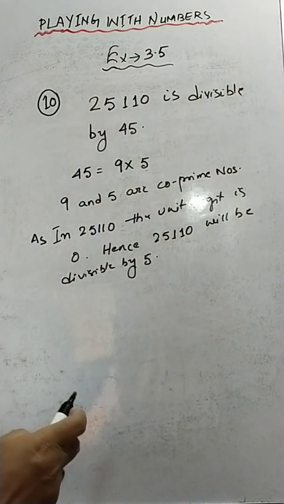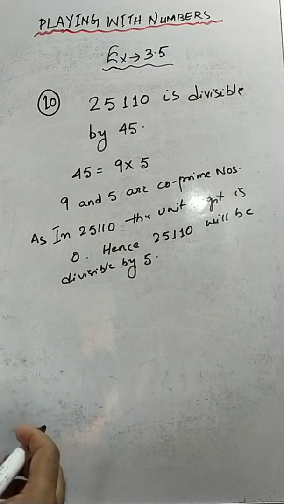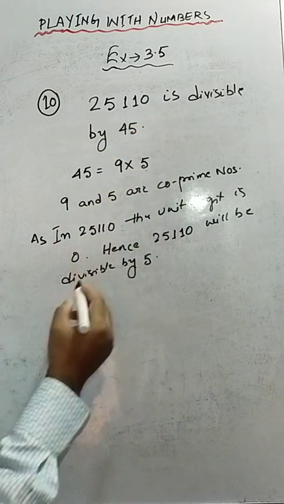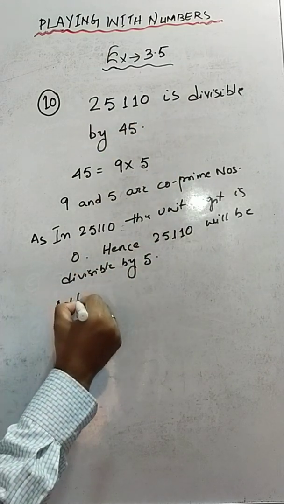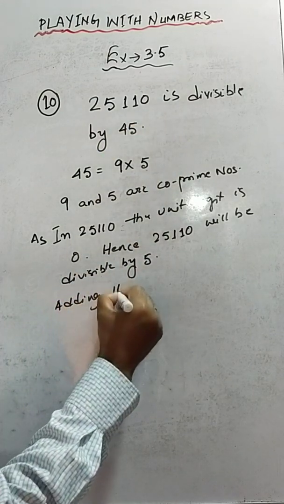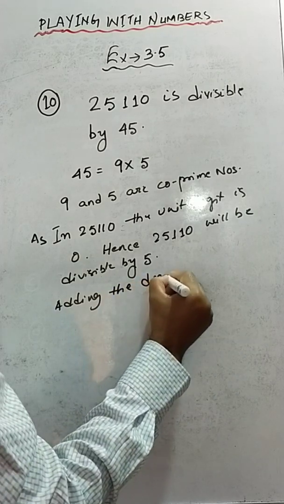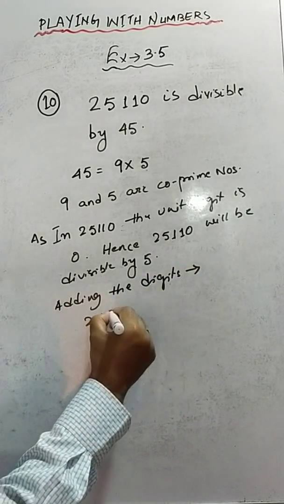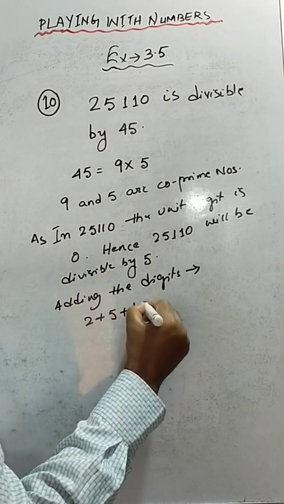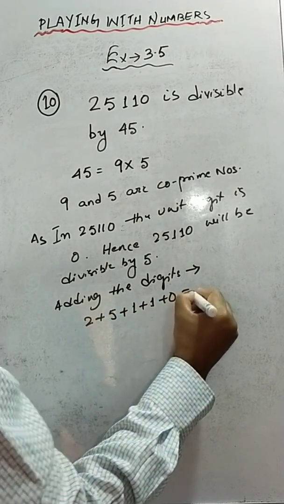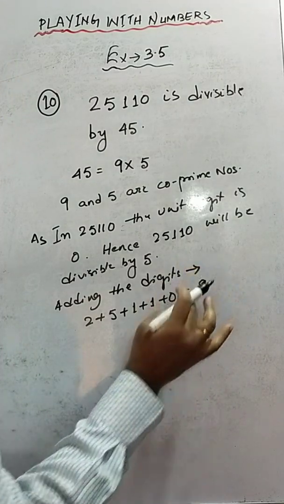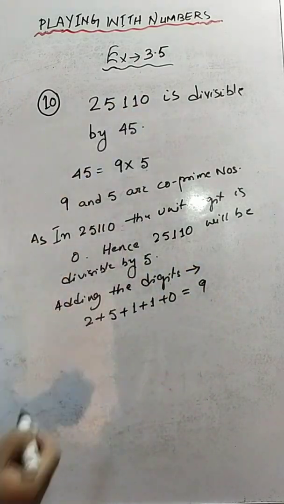Now let's check whether this number is divisible by 9 or not. For that we have to add all the digits. So adding the digits, what will we get? 2 plus 5 plus 1 plus 1 plus 0. So the answer is 9. So the sum is also divisible by 9. That means this number is also divisible by 9.